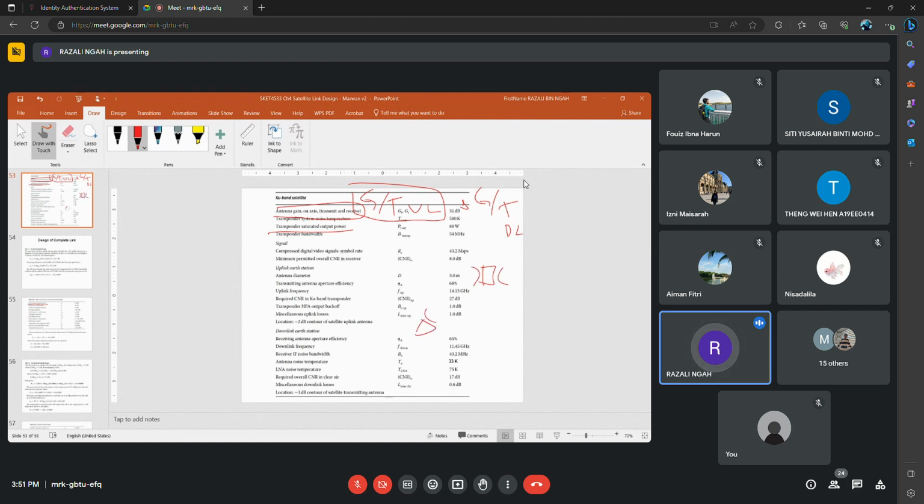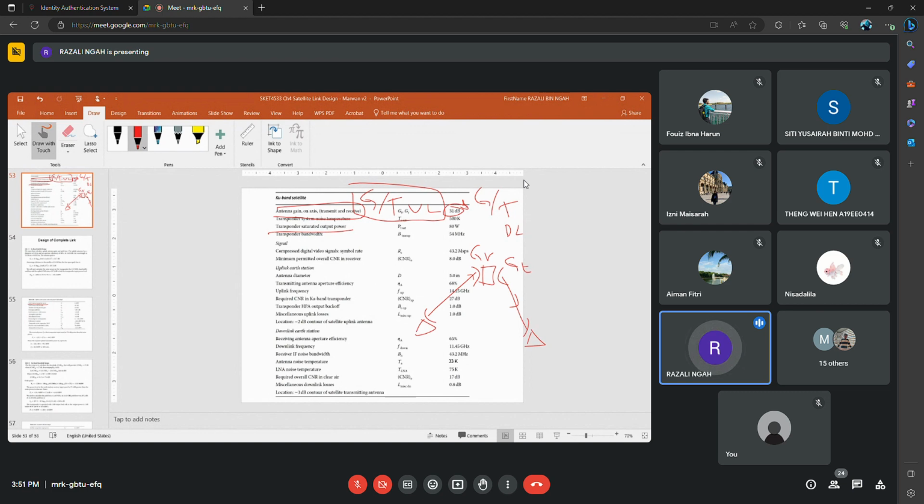So we have GR, and we have a downlink GT. GR and GT are the same, 31 dB.